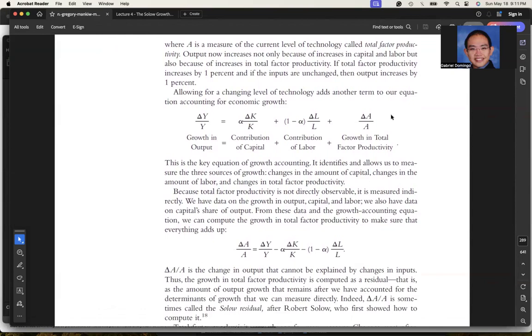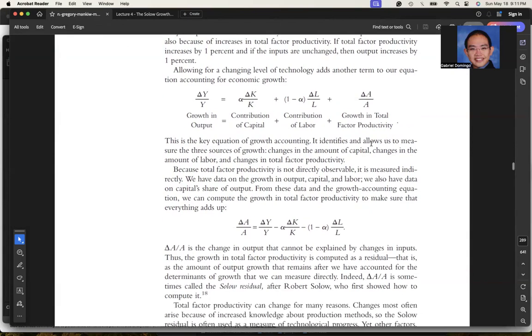In the data though, this one is generally not directly measurable. And in practice, an economist would use data on GDP here. It would use data on investment here. It would look at the growth rate in the labor force here. And these alphas here will either be estimates of marginal product of labor and marginal product of capital, or measures of the share of capital and labor respectively in output.